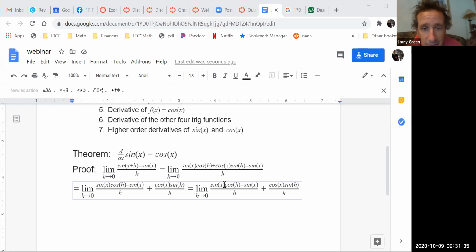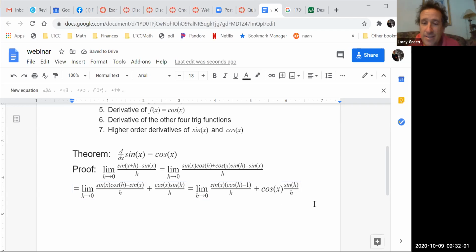So I can write sine of x times parenthesis cosine of x minus 1. And for the next one, I'm going to take that cosine of x. It's not really doing anything, but it'll help. And I'm going to take it outside the fraction, right? A times b over c is a times b over c. That's all I did.